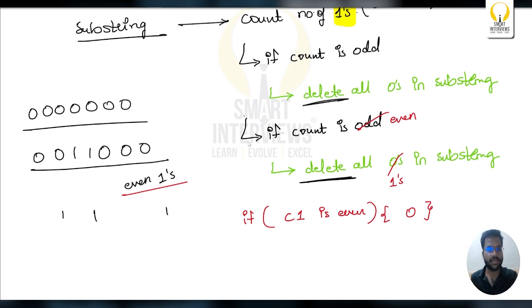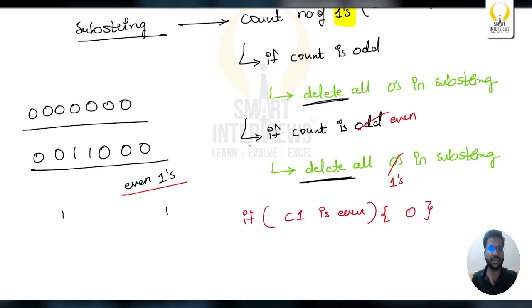Now let's say from here, observe carefully. If you select this substring, any possibility of deletion? Because one is odd, so no zeros, no deletion will happen. Here, what happens? The count of one is 2, which is even. So I can delete what? Ones in the substring.